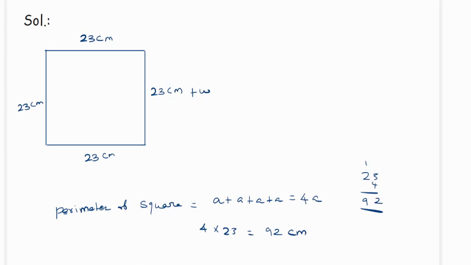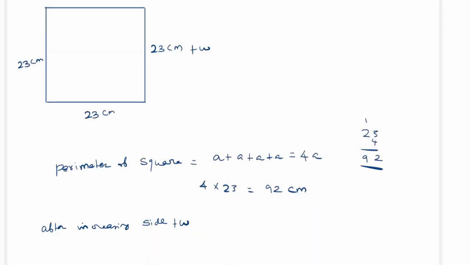So after increasing, each side is 23 plus W, and the new perimeter is 4 into (23 plus W).